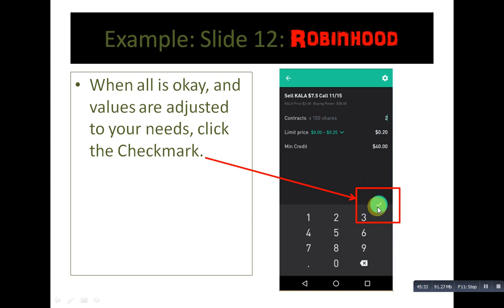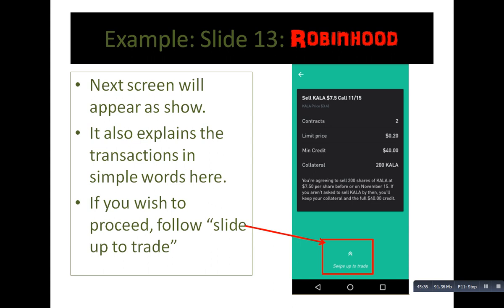If that is okay, the next screen will appear like this. It will summarize everything for me, saying in very simple words what we are actually doing, just to make sure. It says that you are agreeing to sell 200 shares of KALA at 7.5 dollars per share before or on November 15.